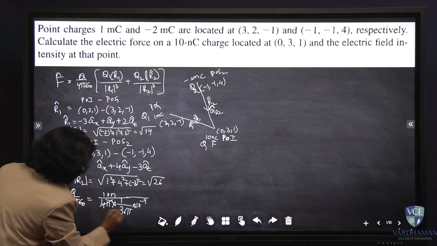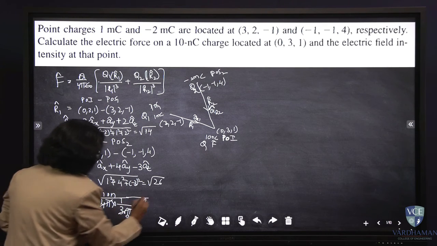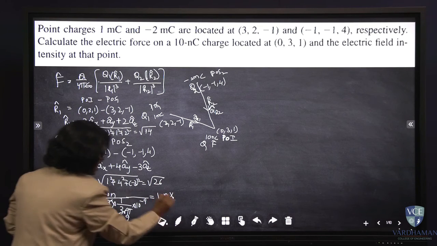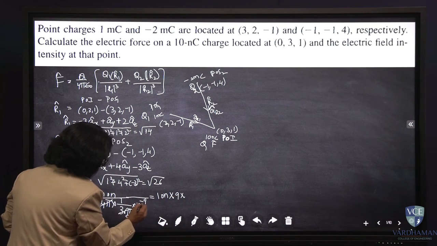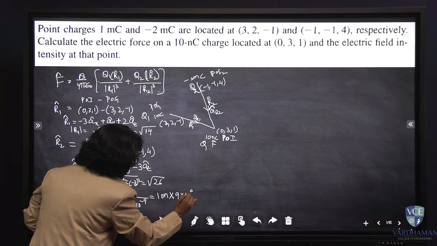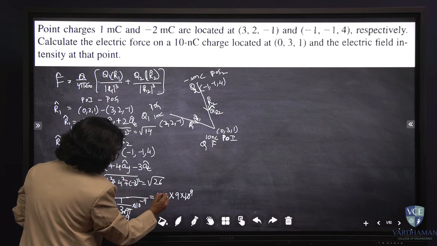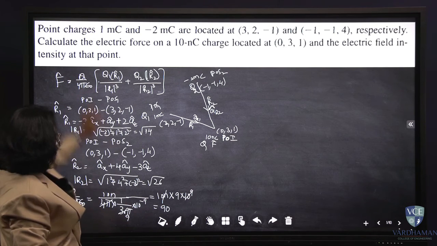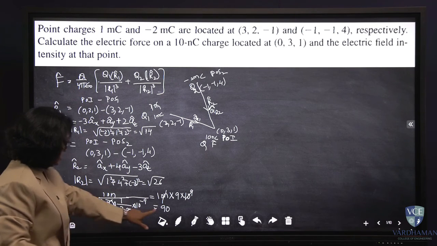So it is 9 times 10 power 9, and the nano gets cancelled with 10 power minus 9, so you get 90 as the coefficient. This term Q by 4 pi epsilon naught is 90.